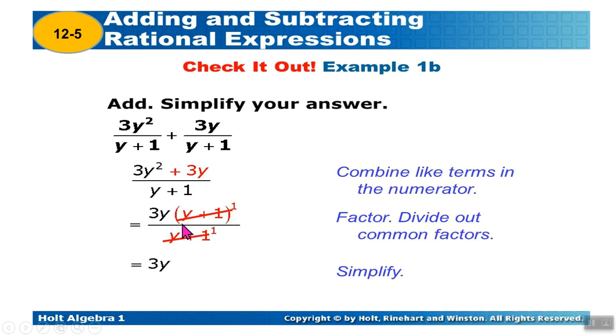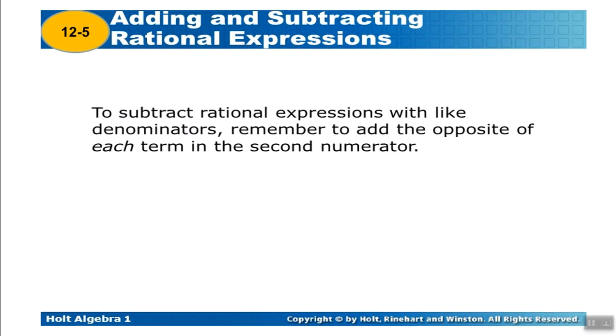It is 3y times (y plus 1). As you can see, we have y plus 1 up in the numerator and y plus 1 down in the denominator, so we can cut them to get only 3y in the answer, and this is the simplest answer.